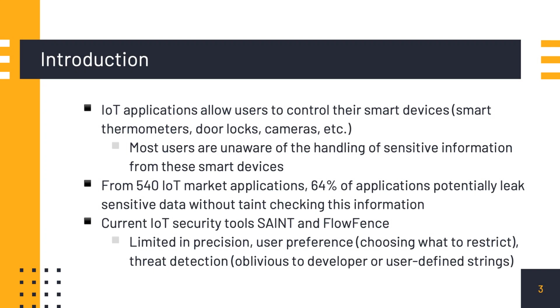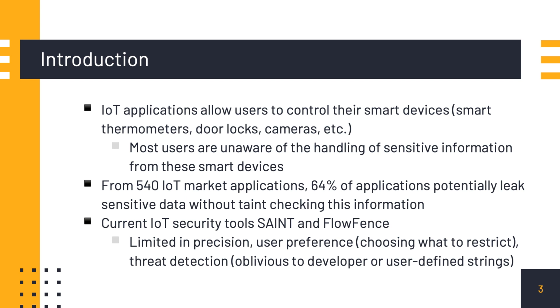So to begin, today IoT devices are a part of a huge and growing market and enable human-computer interaction. These devices include smart thermometers, door locks, cameras, the Ring doorbell, and more. There exist IoT applications that allow users to interact with their products, and while it may make life more comfortable, many users are unaware of how their sensitive and private information is being handled by these IoT systems.